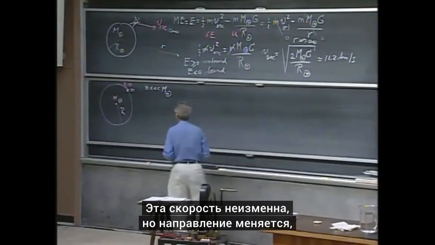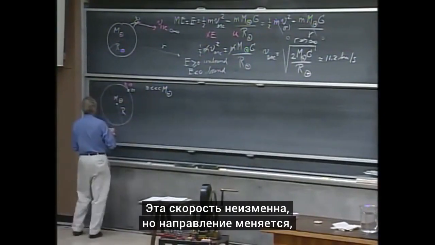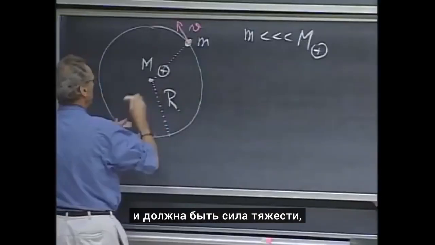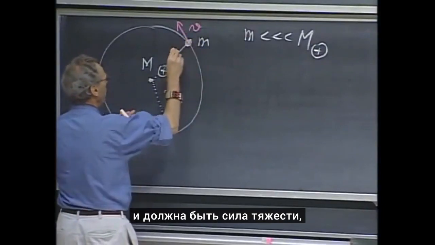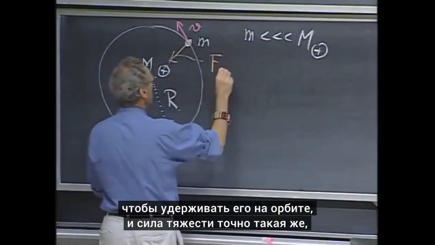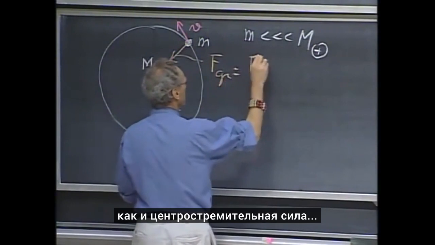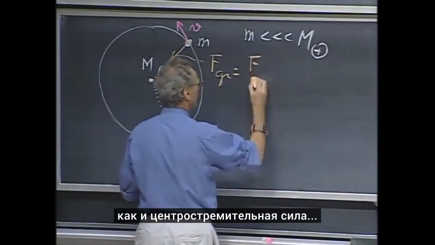The speed doesn't change, but the direction changes, and there has to be a gravitational force to hold it in orbit, and the gravitational force is exactly the same as the centripetal force.